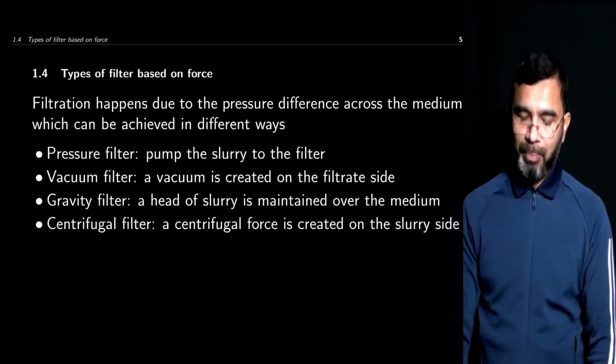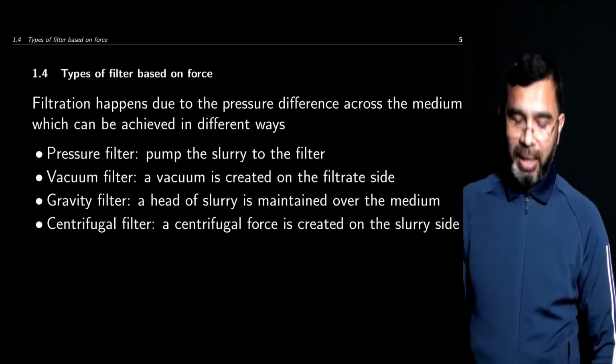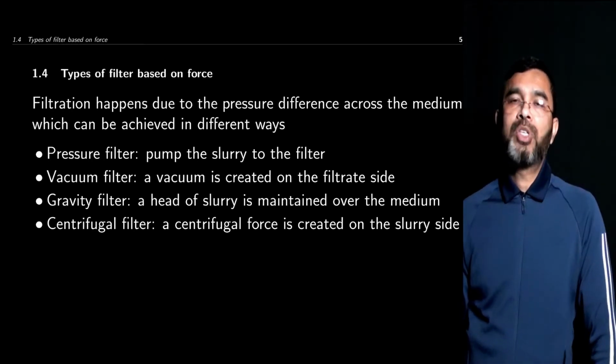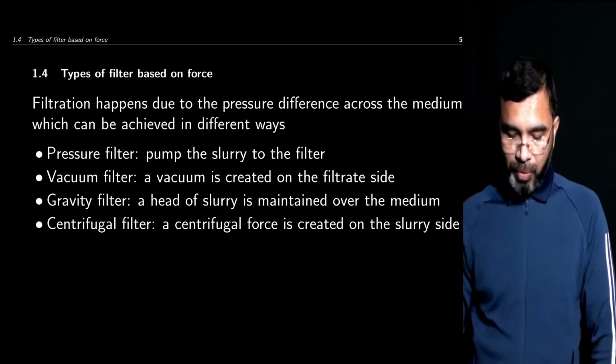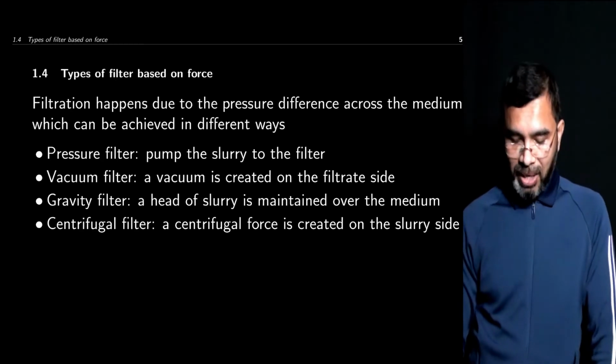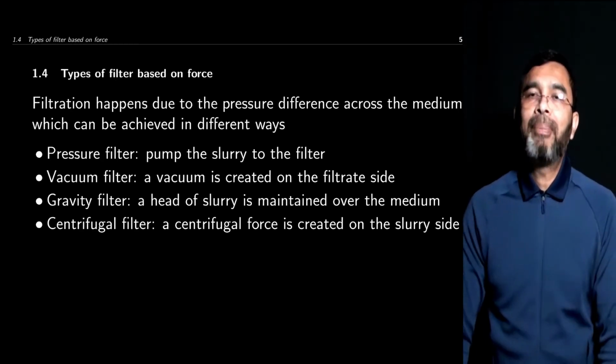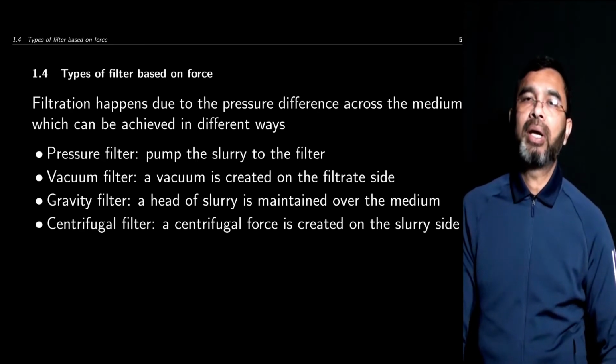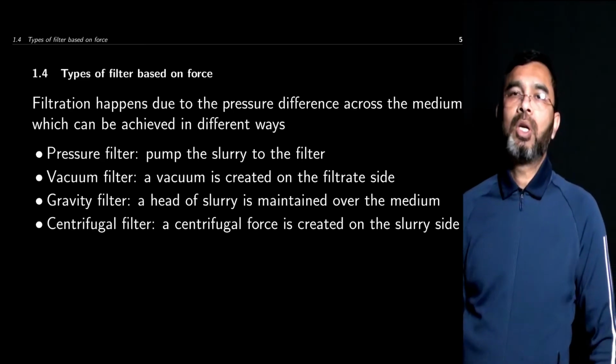Now we've seen two examples, the vacuum cleaner and the sink strainer. For the vacuum cleaner, a vacuum is created and that gives the driving force between the two sides of the filter medium. Also, you can apply pressure to generate a driving force that will allow separation of particles, if a pressure difference is maintained between the two sides. Conceptually those are the same.